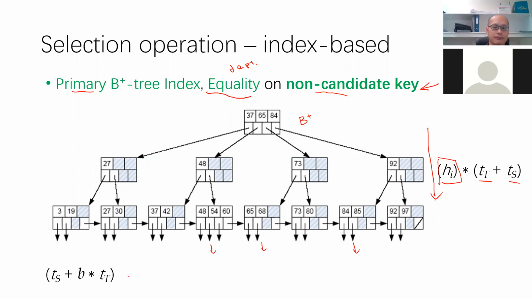The other cost here is how long it takes for us to access the individual blocks of the leaf in order to find where our tuple resides. And as you know, this is a non-candidate key, so it will occur in more than one of the blocks.